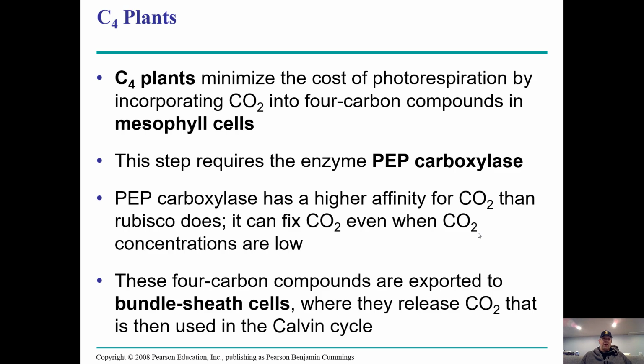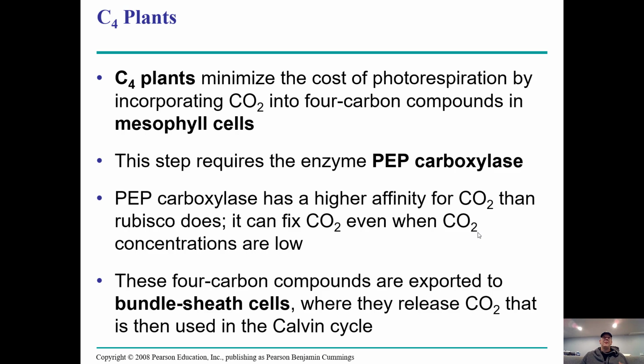Anyway, there's a type of grass called C4 grasses or C4 plants, and what they do is they separate up everything in space. They do the carbon fixation in one spot, and then everything else in another spot. It needs an enzyme called phosphoenolpyruvate carboxylase, or PEP carboxylase, and that has a really high affinity for carbon dioxide, more so than Rubisco.